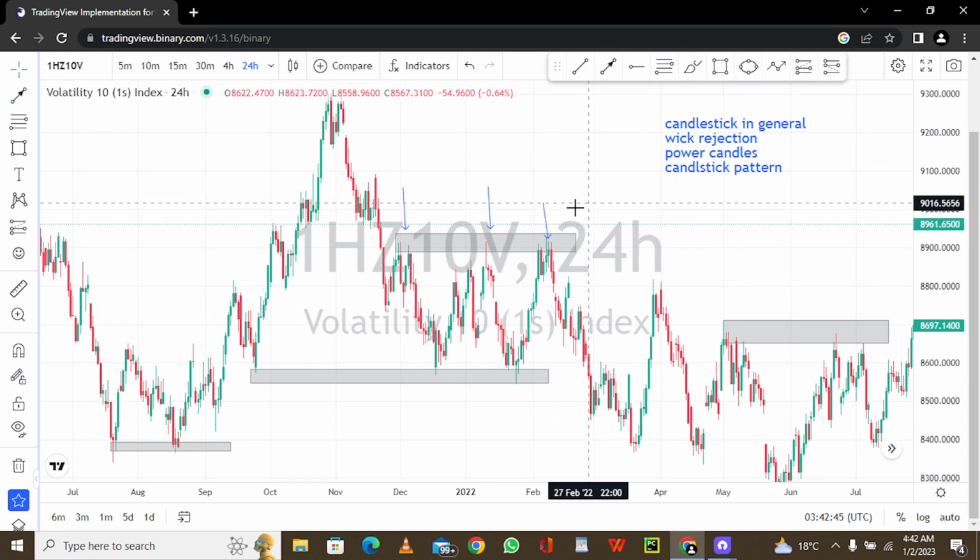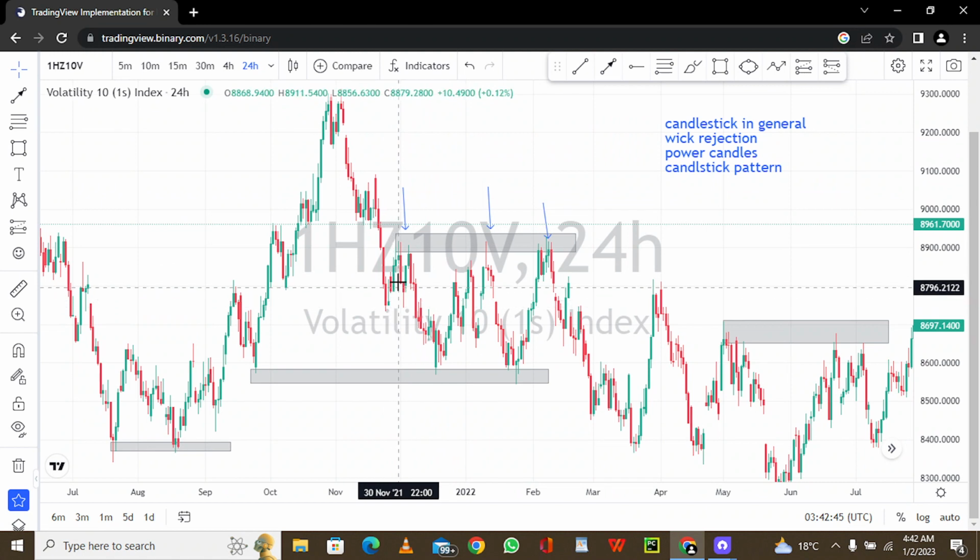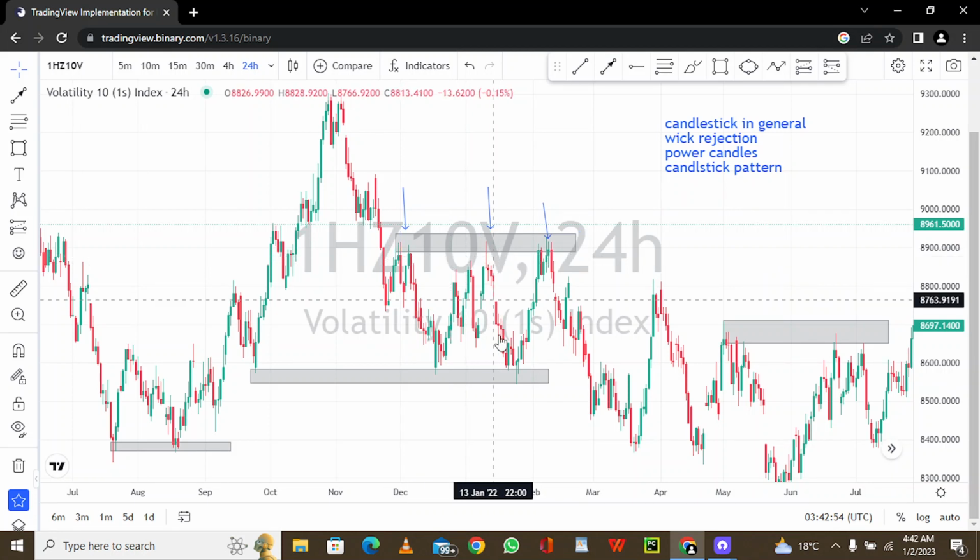What you observe from here is that for every point here, after those wicks are formed, there is a follow through to the opposite direction. Do you see? After those wicks are formed, there is a follow through to the opposite direction. So they are very, very important.